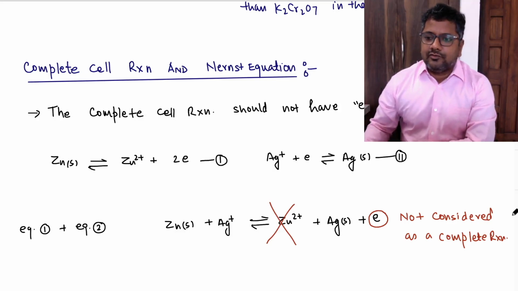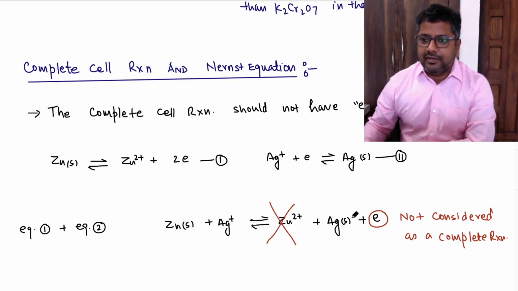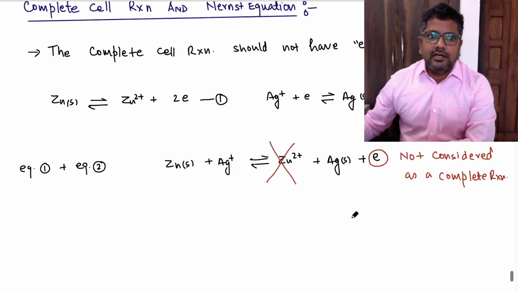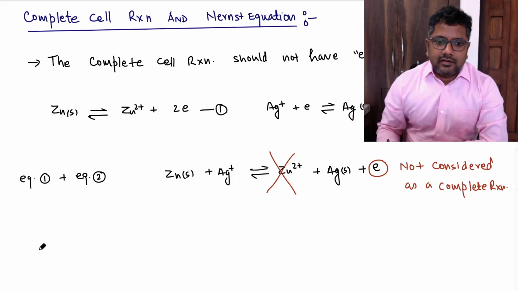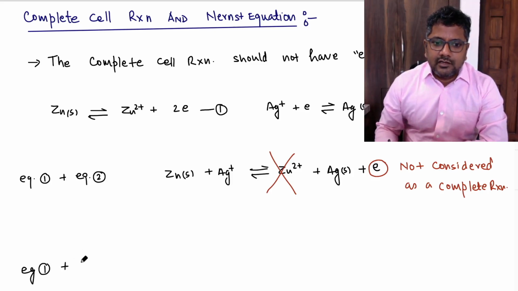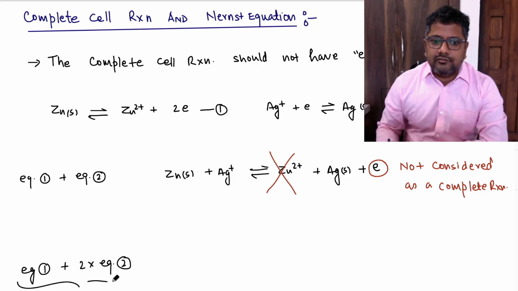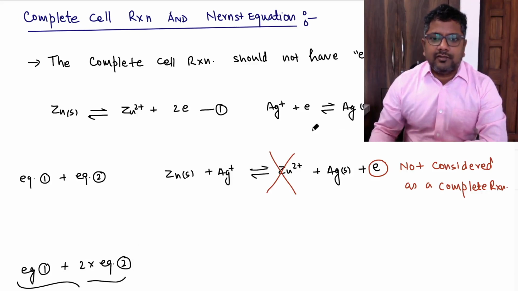So what do you have to do to make it complete? You have to take equation 1 plus 2 into equation 2, meaning equation 2 multiplied by 2.